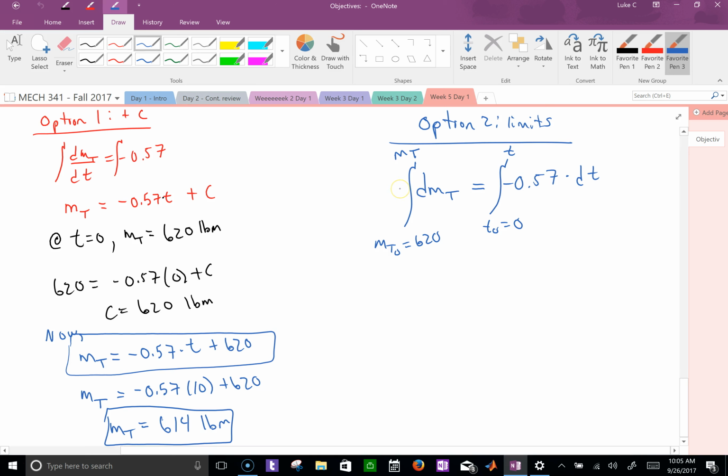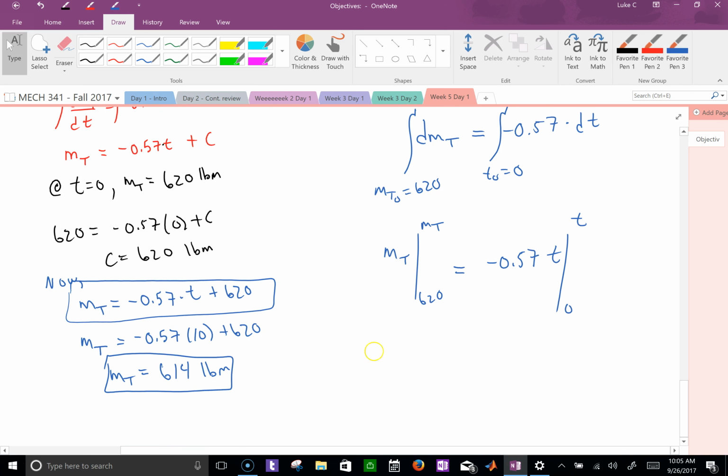So when I integrate the left side, what do we get? M(t), right? Because it's 1 times dm from M(t) to 620. And over here, negative 0.57 times t from t to 0.